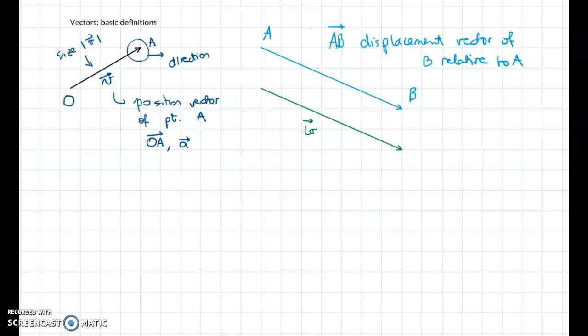And w has the property that it has the same magnitude as AB, and it also has the same direction, as I try to represent here in my sketch.